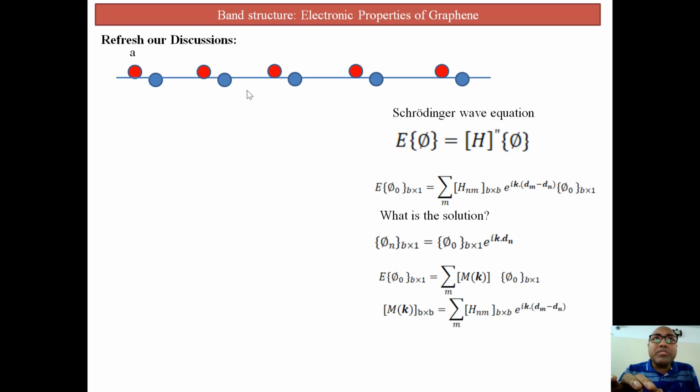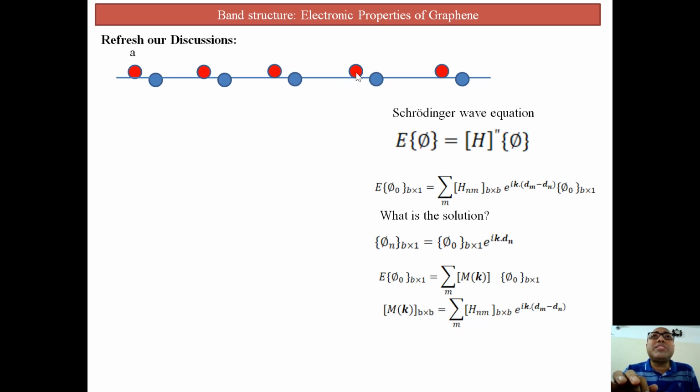If you choose any atom, the surrounding of all the atoms looks the same. Here, at this position, you can see red here, but you see other red far away. That's fine.